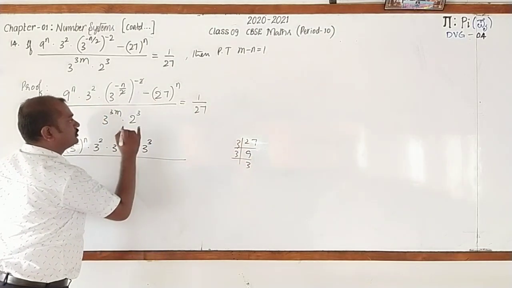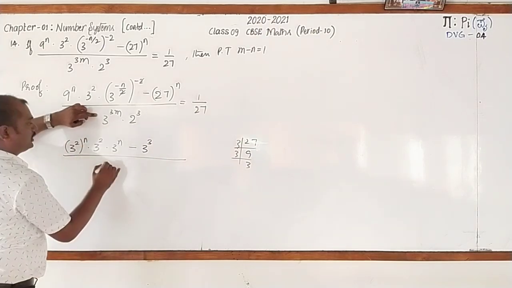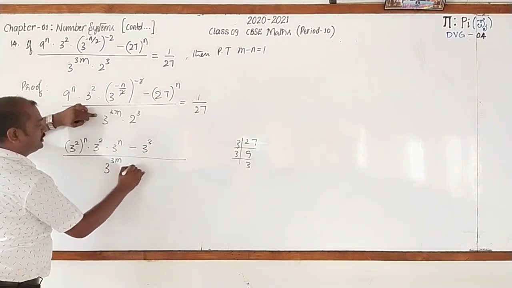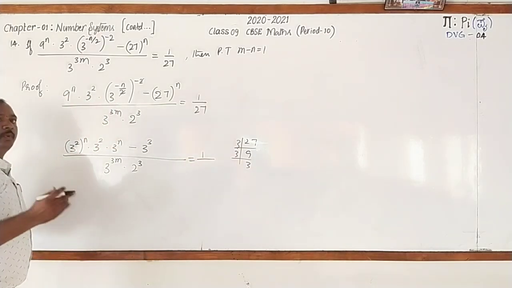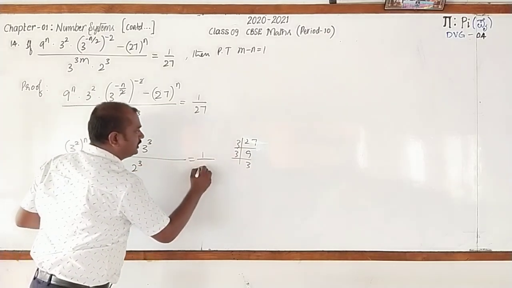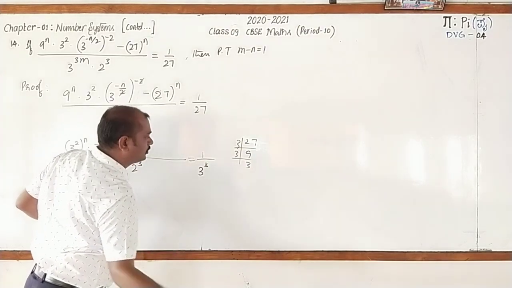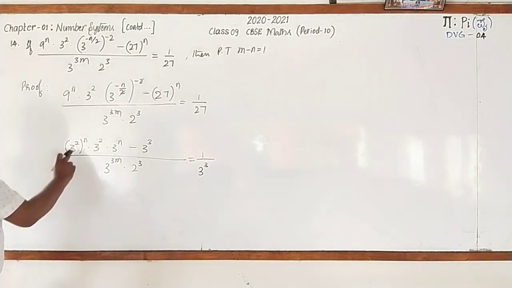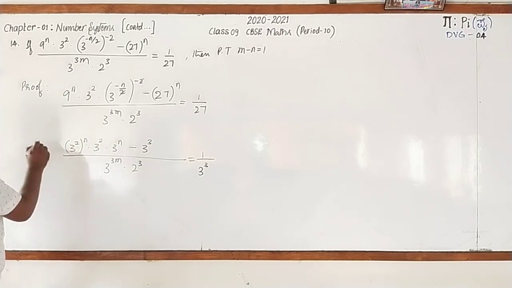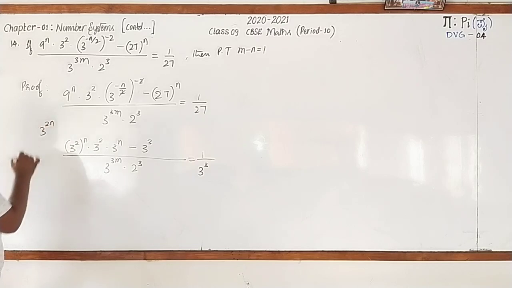It is 3 raised to the power 3, whole divided by 3 raised to the power 3m into 2 cube, which is equal to 1 by 27. Again you can go for writing this as 3 cube. Now observe this one. Here 3 raised to the power 2 whole raised to the power n, that means 3 raised to the power 2n.